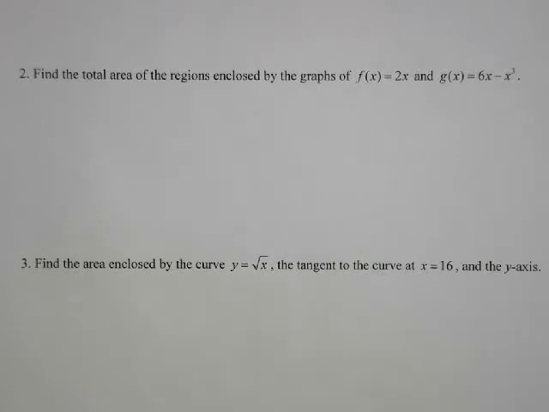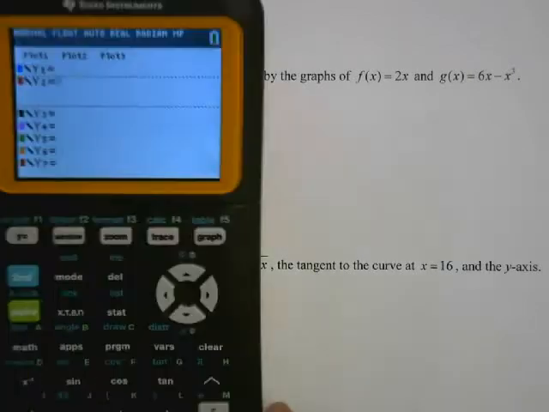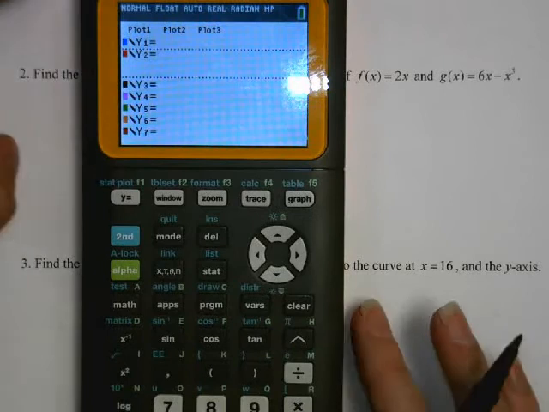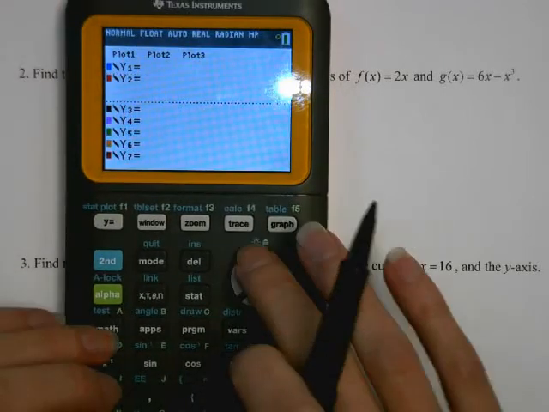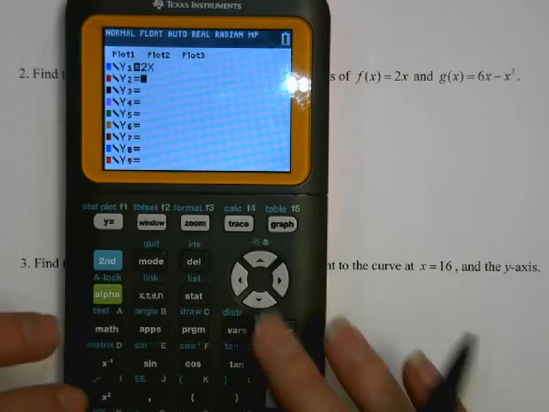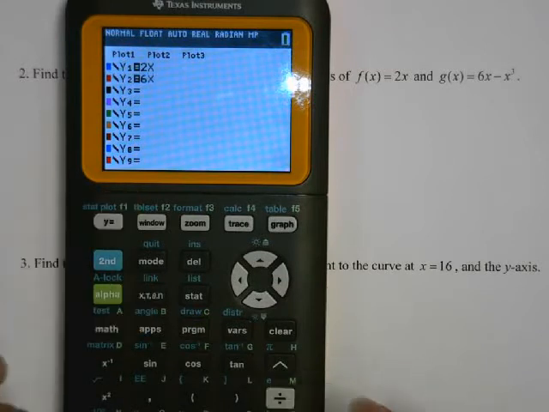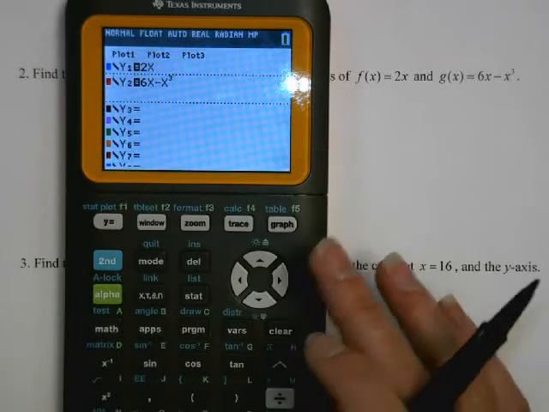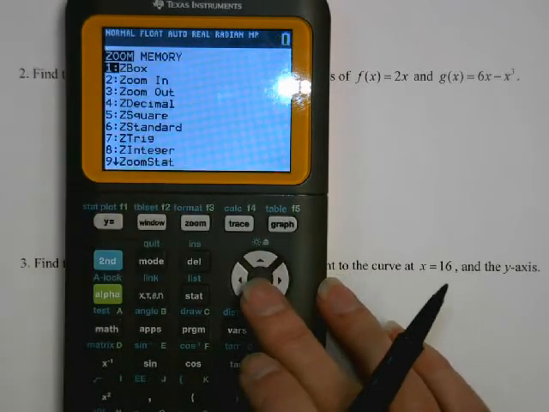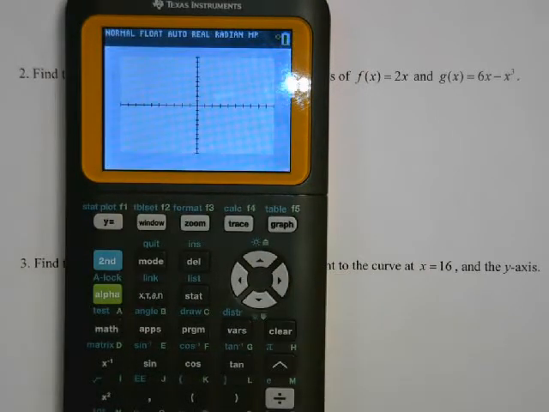Okay, for the next one, we're going to find the total area of the regions enclosed by the graphs of the line 2x and the cubic function 6x minus x cubed. So I'm going to go ahead and use the calculator to help us here. So we'll just graph it on a standard window. There's our line.